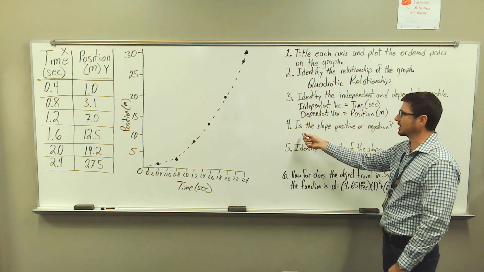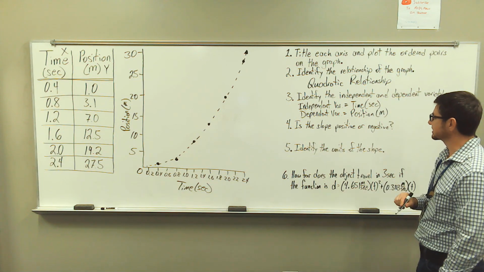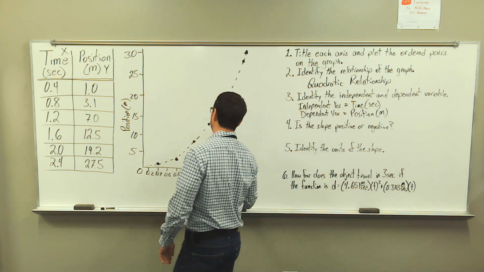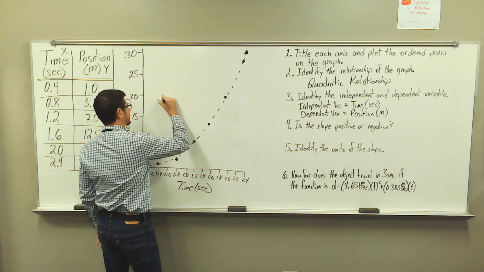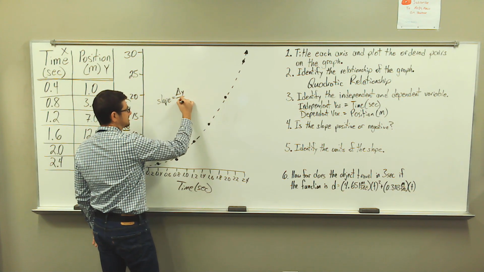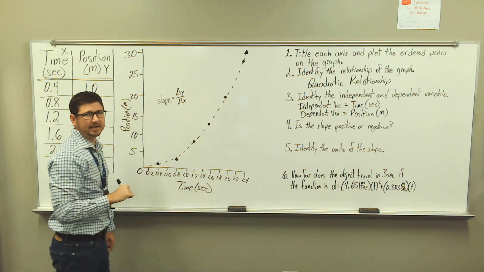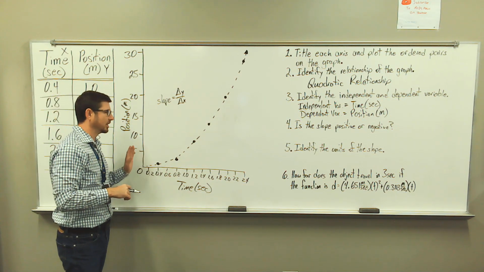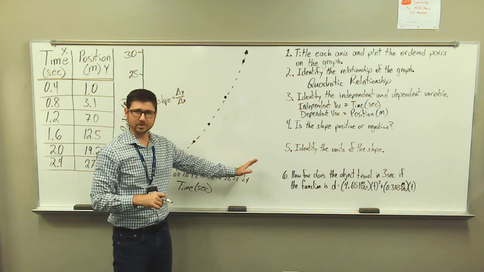All right, moving on. Number 4. Is the slope positive or negative? Well, whenever we describe slope, we know that the slope is the rise over the run. So this is delta y divided by delta x. Remember that we read the graph from the left to the right.